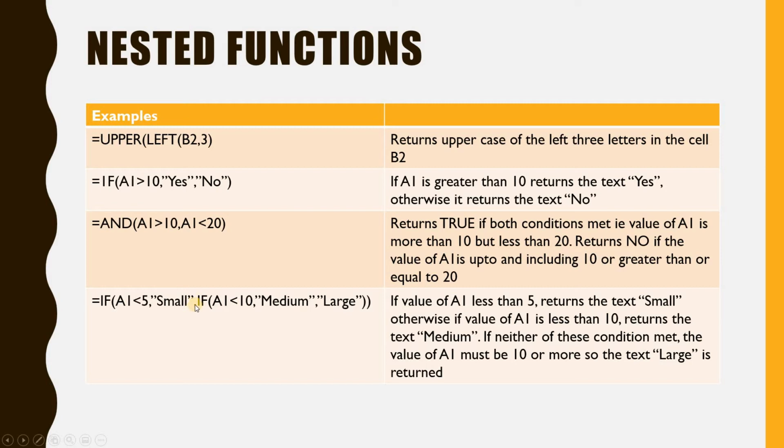If it's not less than 5, in other words it's 5 or more, to get to this stage, if A1 is less than 10, return the word medium. So it will only get to medium if it is 5 or more but less than 10. Otherwise, it'll return the word large. In other words, this will be for values of 10 or more.